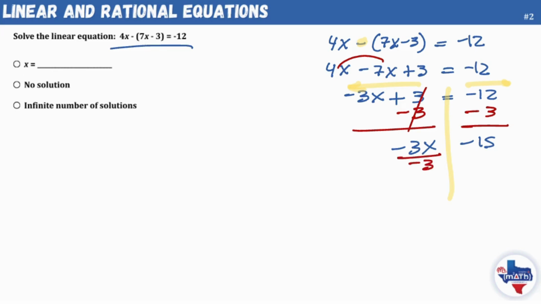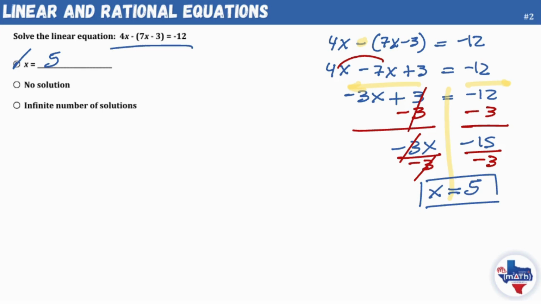We will divide by negative 3. So that negative 3 will cancel out, and x equals negative 15 divided by negative 3. That is positive 5, and that should be our answer. Here, x equals 5.